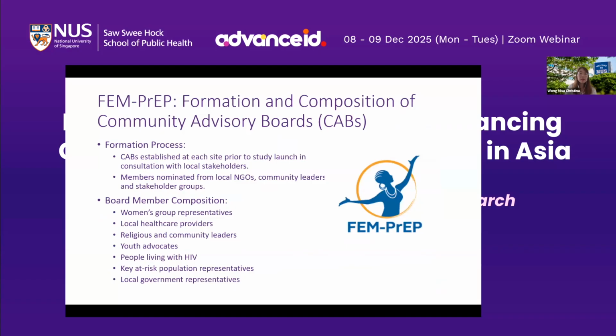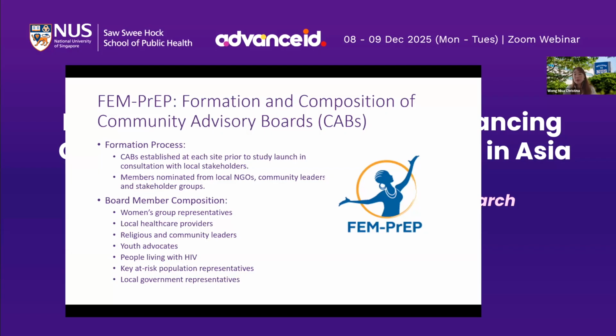Okay, so let's look at the formation and the composition of the community advisory board for FEMPREP. Each of the clinical trial sites had a CAB established, and this was formed prior to the launch of the clinical trial.